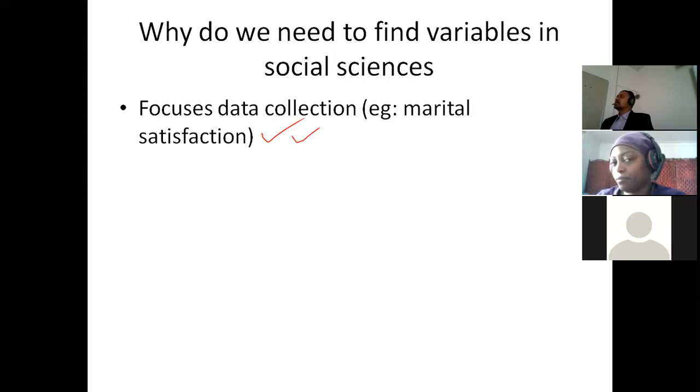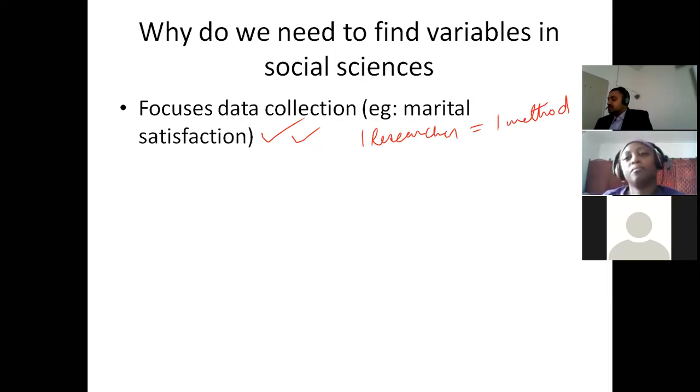A third person might say it's the amount of time they spend in each other's company and enjoy each other's company over a week. But the point is, a researcher will typically pick one method, or maybe a couple of methods at most. So what it does for that researcher is it focuses their data collection.